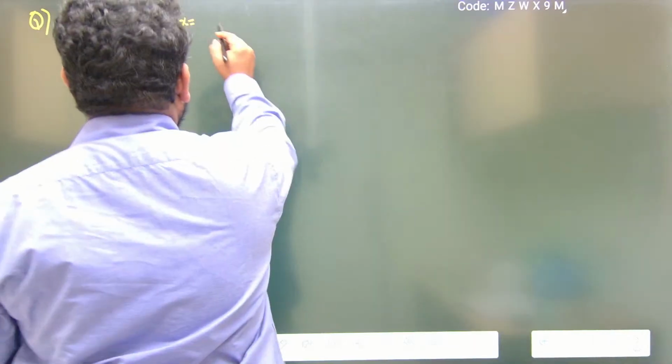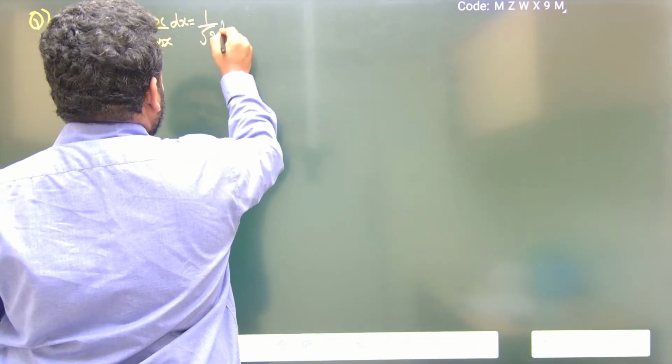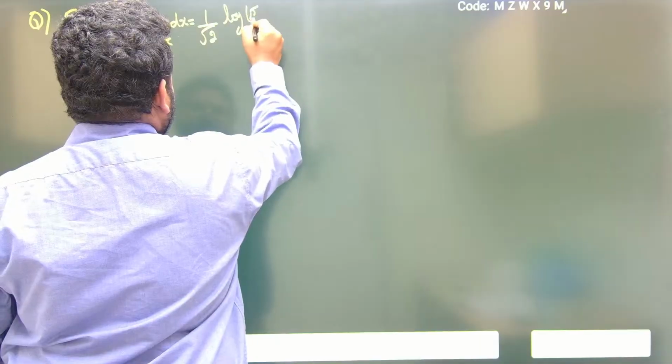We have to prove that it is equal to 1 by root 2 into log of root 2 plus 1.